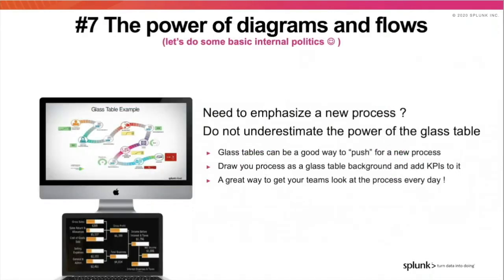And principle number 7, here are some examples customers shared, and I'm not talking here about the design, but what was interesting of what the customer shared about being able to design a diagram in a dashboard to tell a process, to tell a story, that can be really powerful.